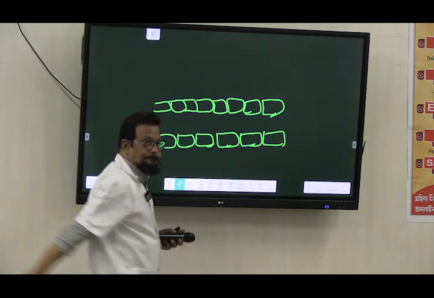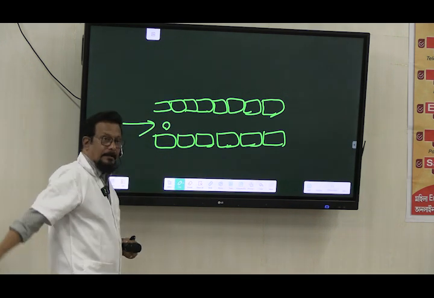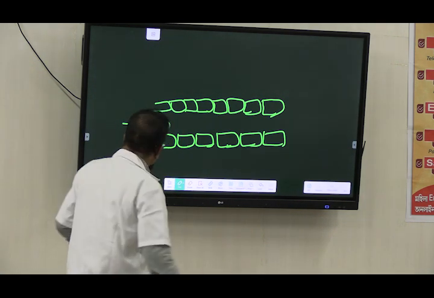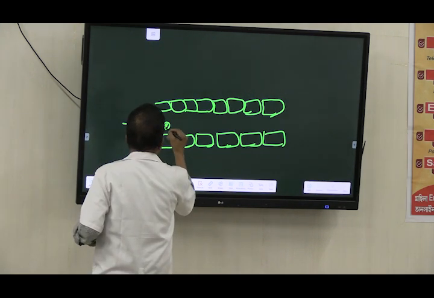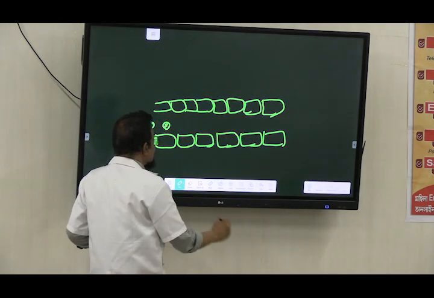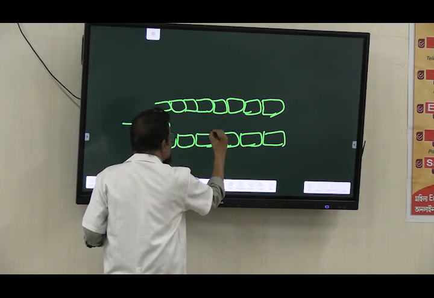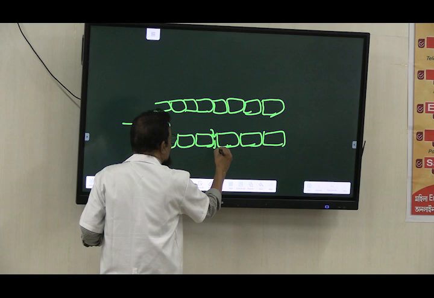This is a capillary, blood is flowing, so they have lymphocytes, neutrophils, and endothelial cells. In between the endothelial cells, there is some space.